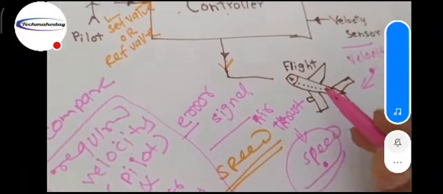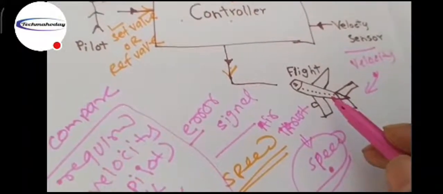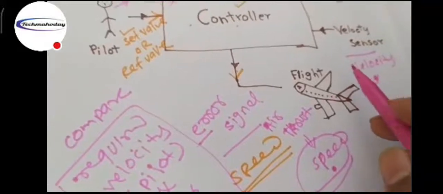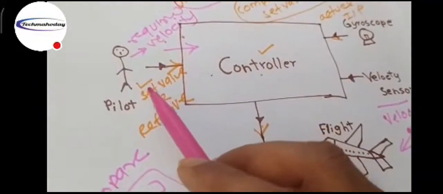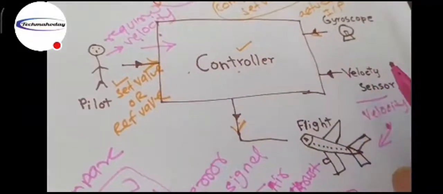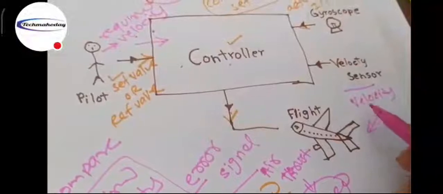The speed of the flight will be changed or controlled with the help of two signals: the required velocity or set value from the pilot, and the velocity sensor's sensed value, which is the actual value.